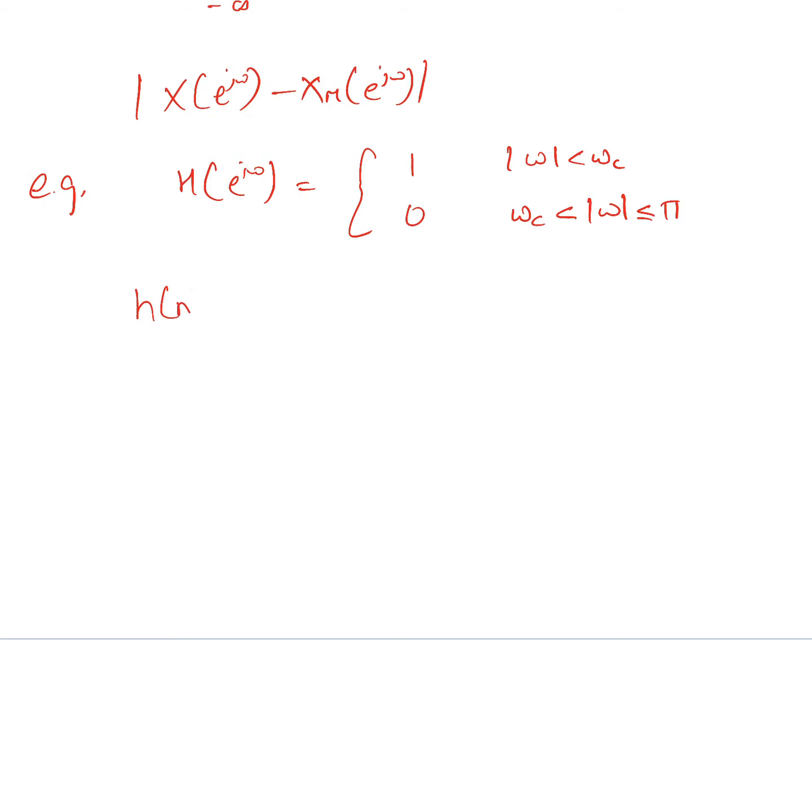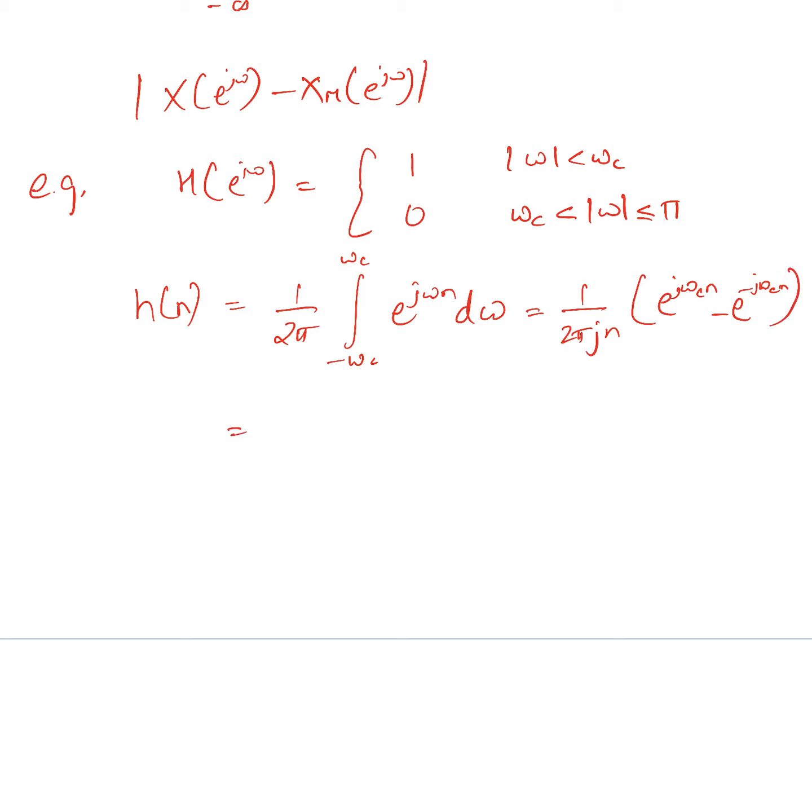So if I compute h of n in the time domain, we use the formula: integral from minus omega c to omega c of e^{jωn} dω, right? Because only within this limit you have the value 1, otherwise it is 0. This can be simplified as 1 over 2 pi j n times (e^{jω_c n} minus e^{-jω_c n}), which becomes the sinc function, sin(ω_c n) divided by pi n.